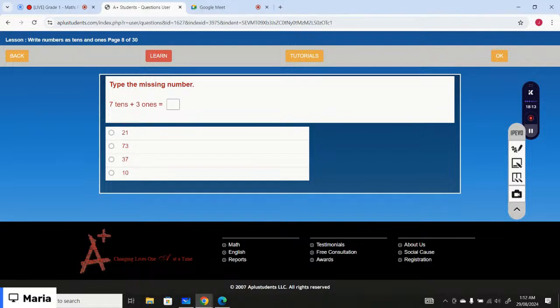Type the missing number: 7 tens and 3 ones. So which is the correct option? The correct option is 73.